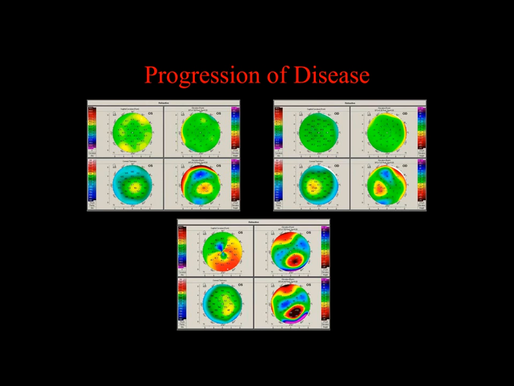If we look at the four map on the upper right, we see a similar condition, a completely normal anterior surface. Curvature on the upper left, elevation on the upper right, completely normal, but you'll notice an even more prominent posterior ectasia on the back surface, which is the lower right. And if you look at the corneal thickness map on the lower left, you'll notice that the thinnest point is displaced to the area of the posterior ectasia.